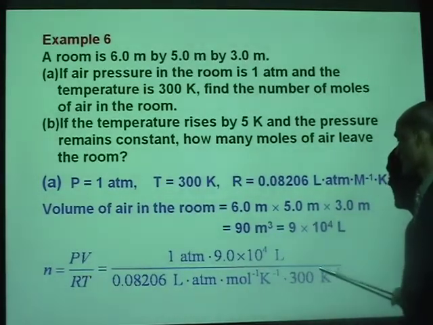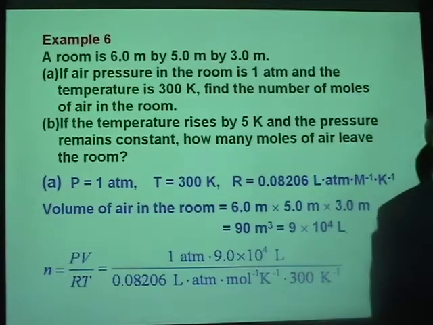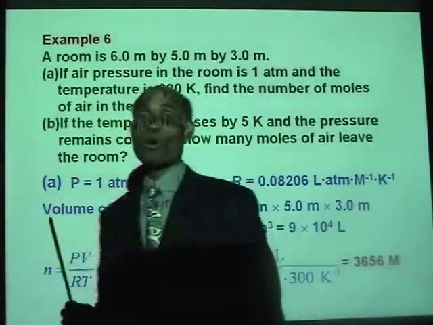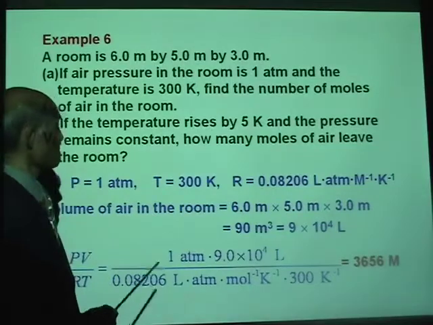Have you noticed that? It is 300 Kelvin, not per Kelvin. So you must take that off. Okay, now what does that give you? That's equal to 3,656 moles of air in the room.